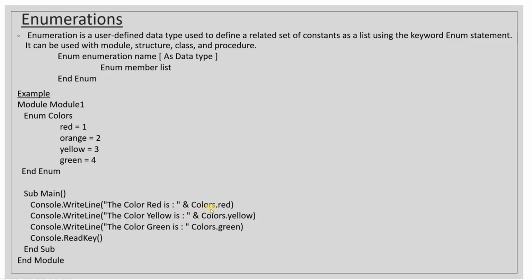How can we print? Ampersand, Colors is our enumeration name, with the dot operator, Red is a member of the list. Then how can we call a member? First we write the enumeration name, dot operator, then the member name.